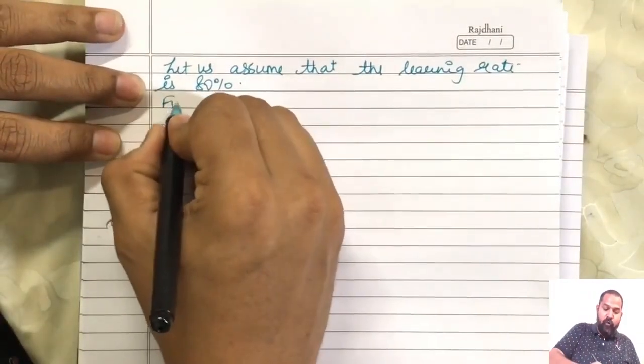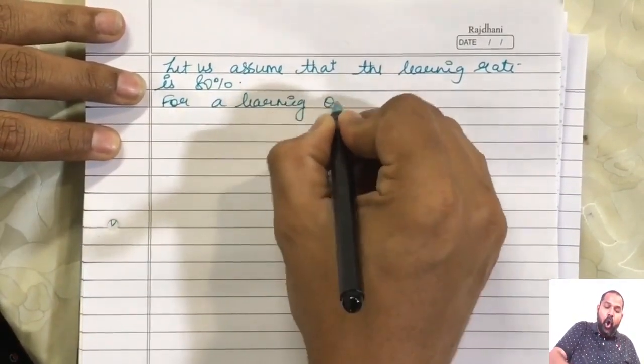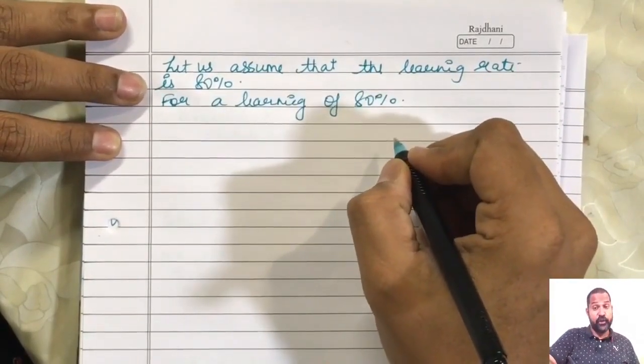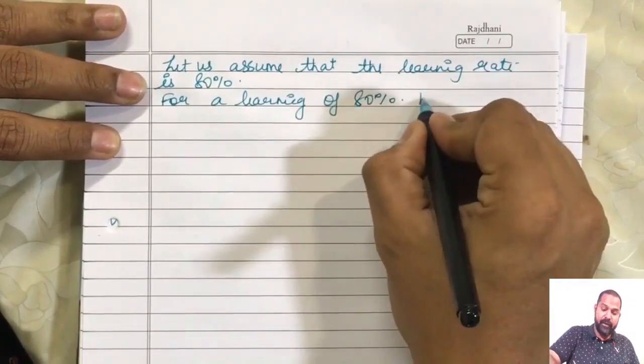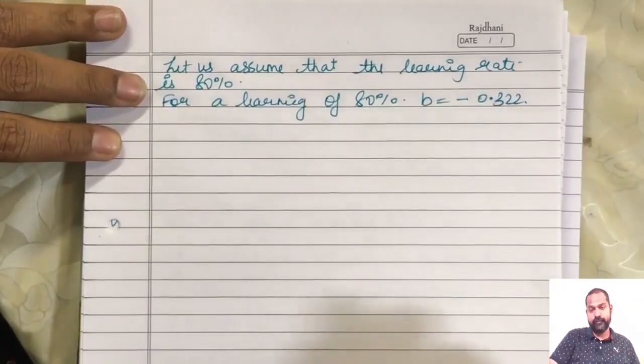So, for a learning rate of 80%, what is your value of b? b is negative 0.322.